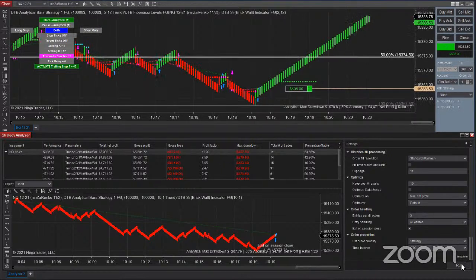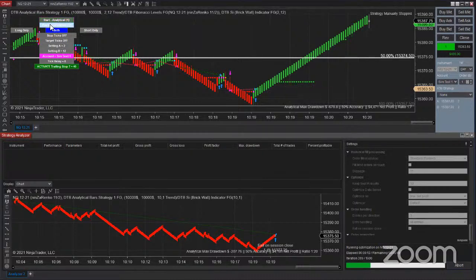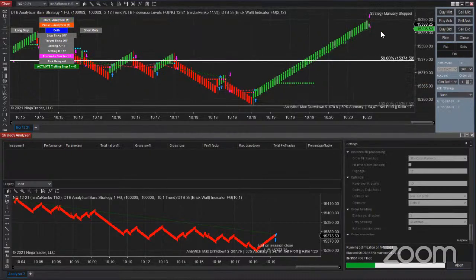Okay, so beautiful run so far up this one. Remember, at any stage you can pause your strategy. So if I pause it over there, it will exit that position. And then if I press start again, it will act on the next signal. So that's another way.